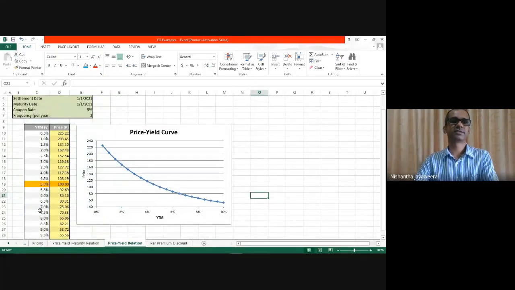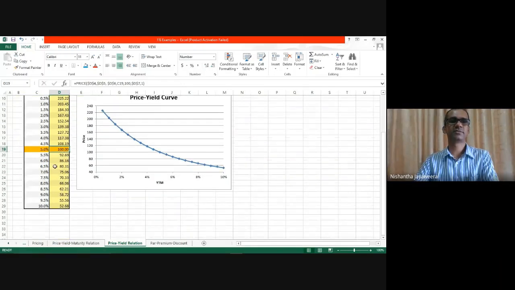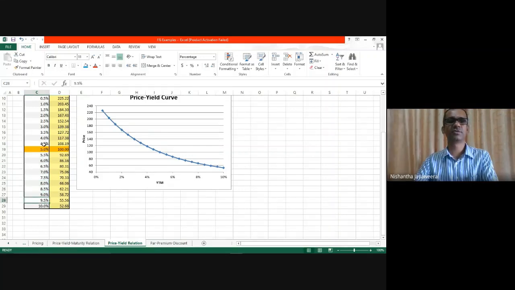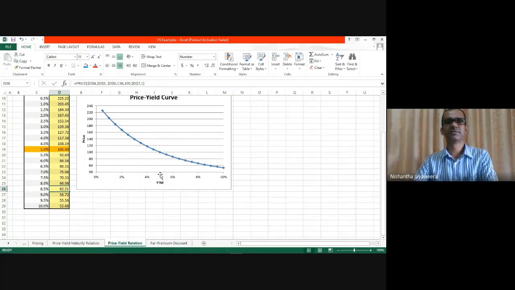Yield increases, price decreases. When the yield equals the coupon rate, it's at par. When the interest rate goes up, that means yield goes up above the coupon rate, and price goes down to a discount. So this part is at a discount, this part at a premium. Par is somewhere here, 5% here.